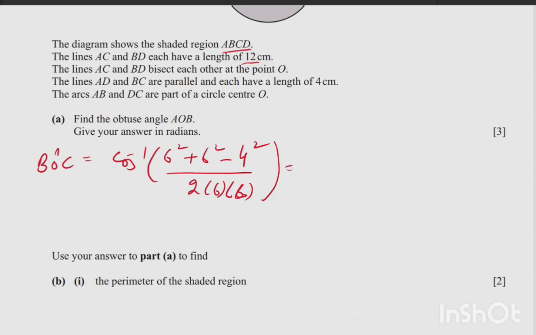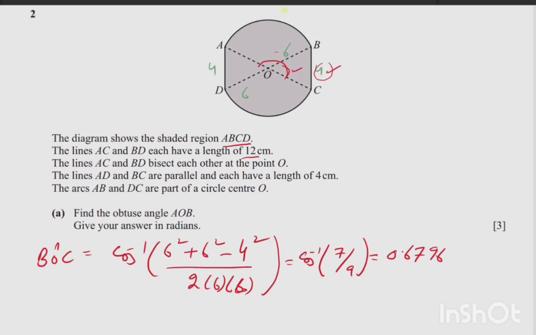Now we find cos inverse of 7 over 9, and calculating this we get the answer 0.6796.